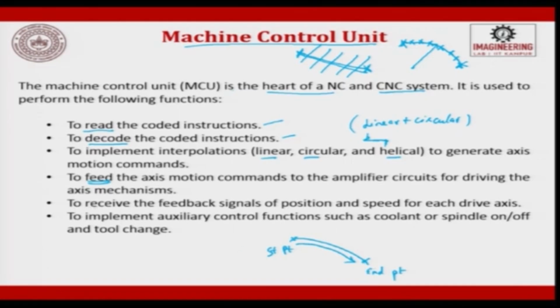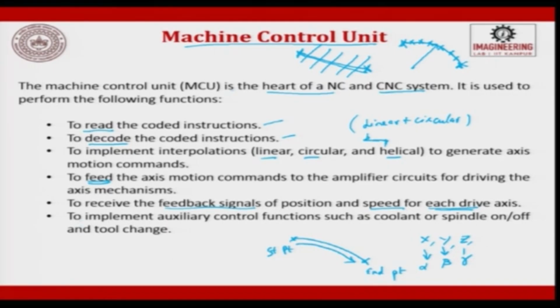So, that is what is receive the feedback signal of position and speed for each drive, and please note down each drive. So, this clearly says for x you will have one drive, y you will have one, z you will have one, and if at all there is a rotation about this, you will have one more drive, so that you try to control every drive.